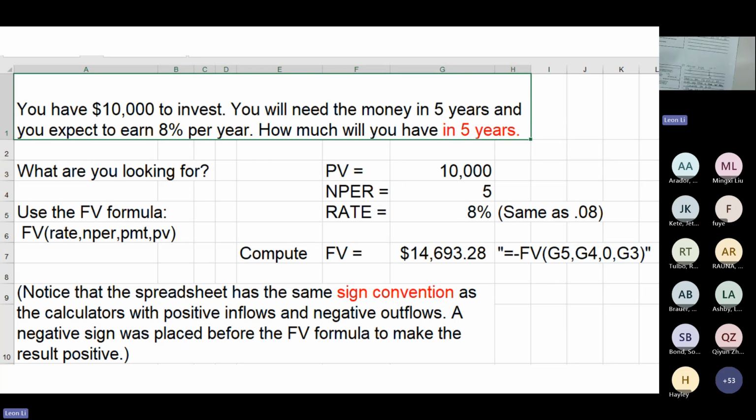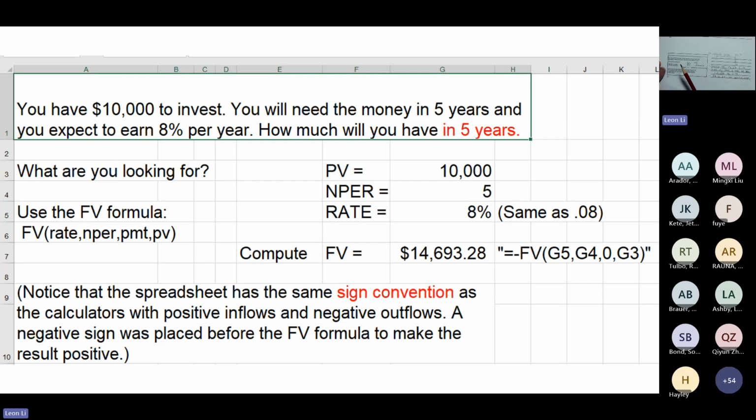Again, when I do any finance question, I draw the timeline. Today, $10,000 earlier money, PV. We want to know the future value at year 5. Interest rate is 8%, number of periods 5 years. And I know there's a relation between the variables. Even with any 3 of them, we may calculate the fourth.